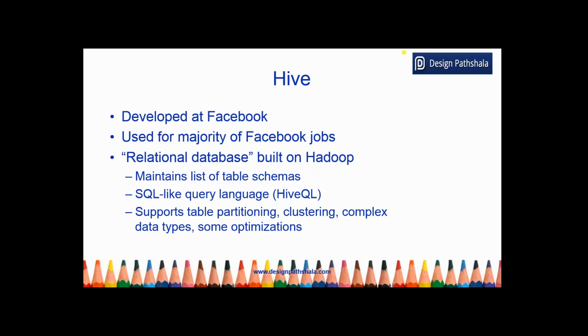It supports all your major features that are supported by different SQL worlds, given by the relational world but on the files. So you can do partitioning, you can do clustering, you can define complex data types, you can do optimizations in the jobs and things like that. Everything is achievable with the help of Hive.